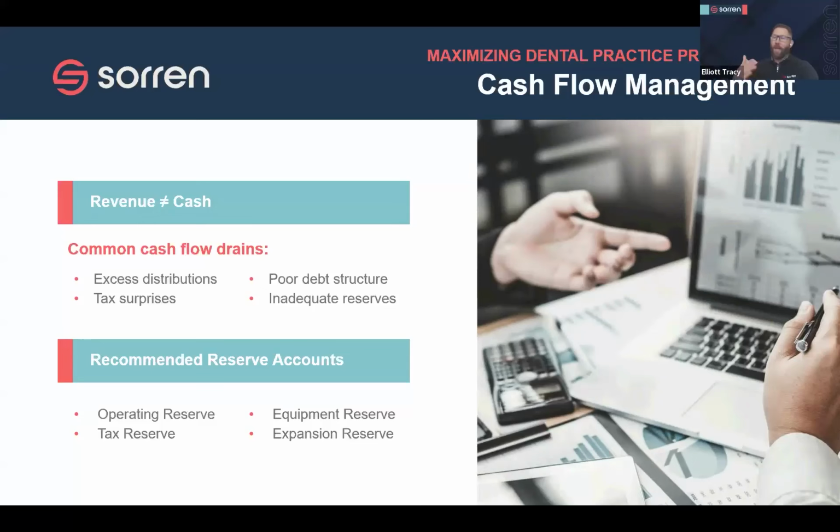You're on the back end of that loan. And with any loan, interest is weighted on the front end as the balance is higher, and then it slowly reduces over time. So that is when we need to be smarter about cash flow, later on in those years. And some of the common cash flow drains, obviously, are not having adequate reserves and poor debt structuring.